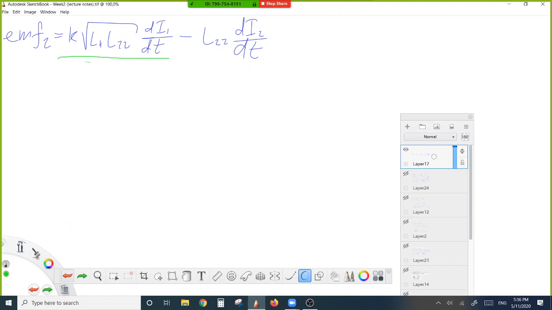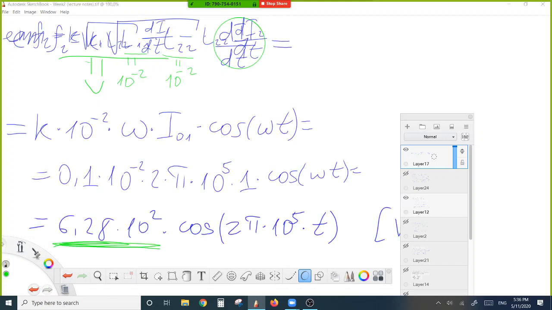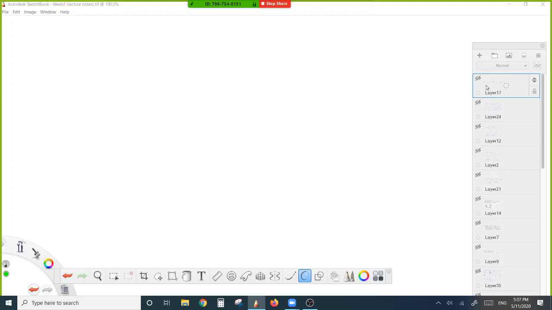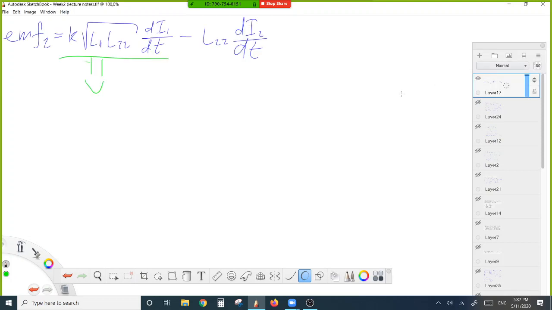From our previous problem, this one is equal to 6.28 10 to the second cosine omega t.